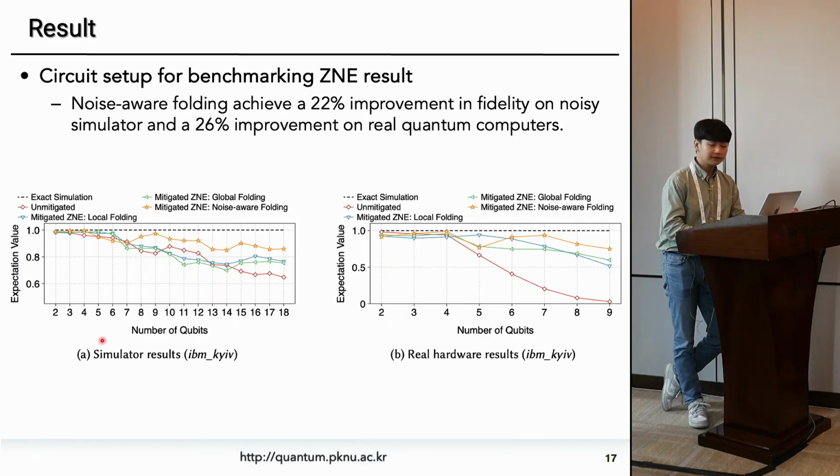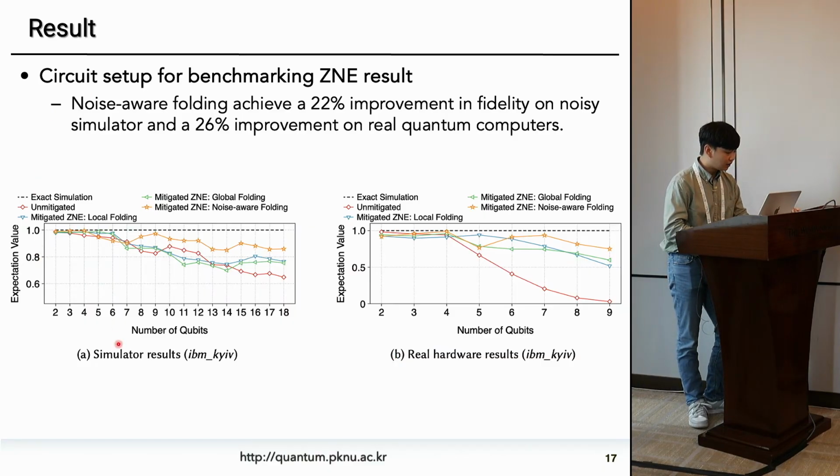On the left, on A here, is a simulation result using the noise model from the real device, which is IBM Cube here. And this B side is the real hardware result executing using the same setup and method. As you can see on the simulator side, we can execute up to 18 qubits of the configuration on circuit A from a moment ago.